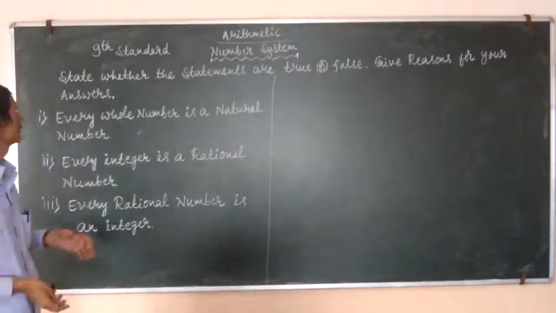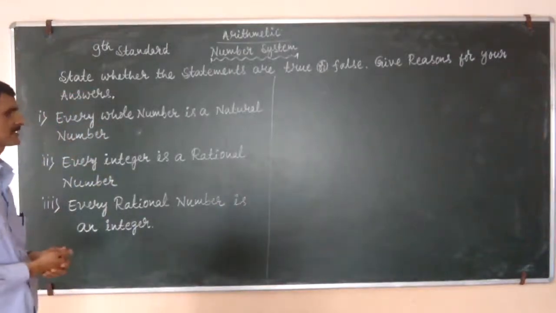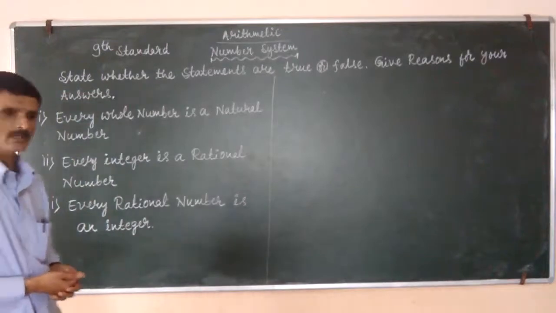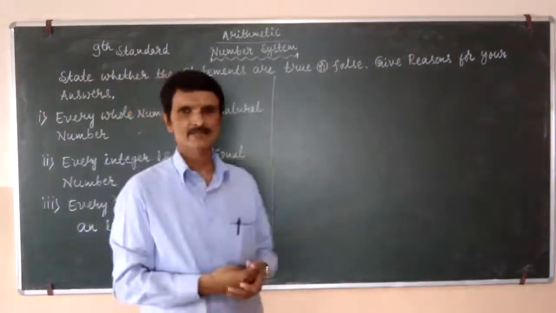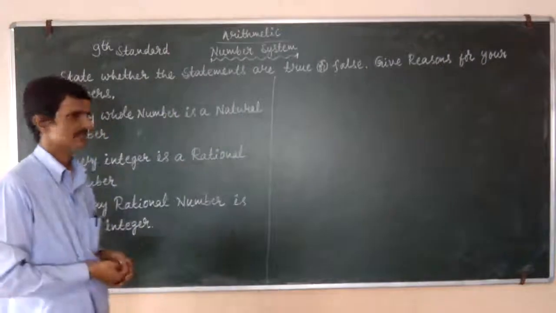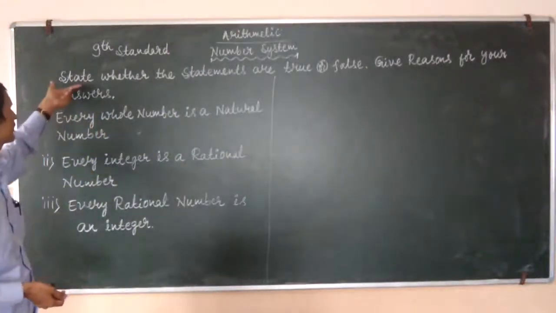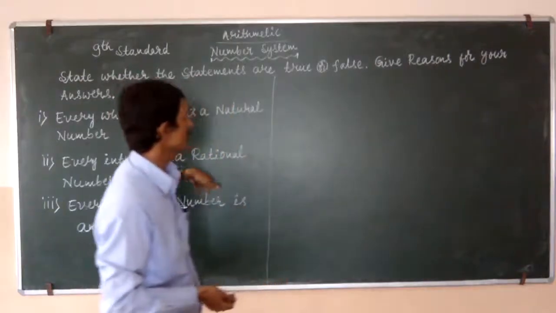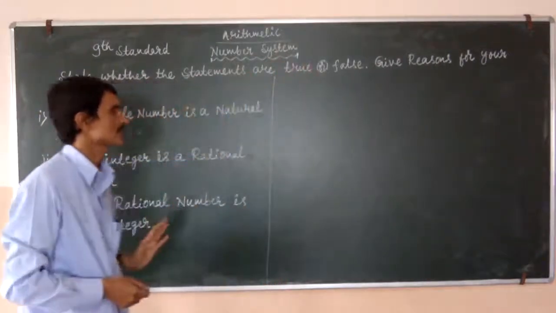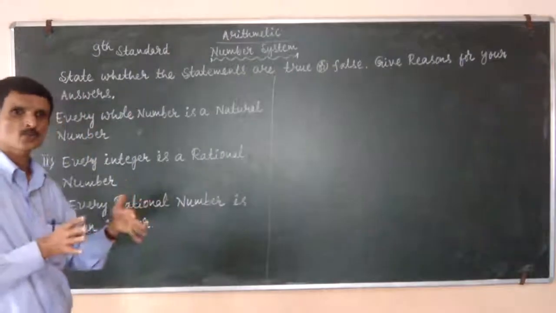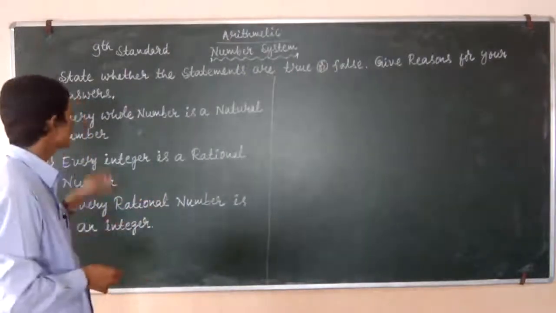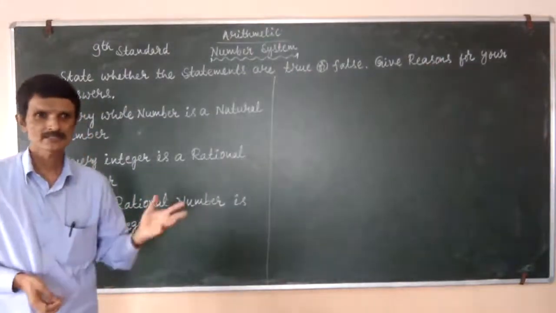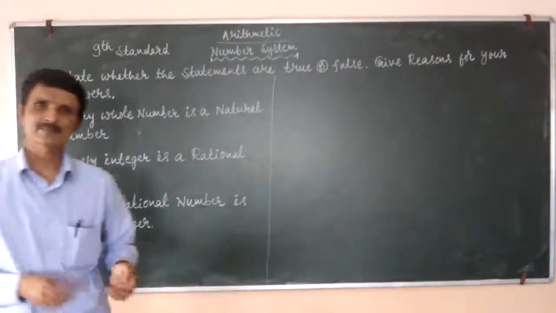Students, in these simple problems, according to the basics of the number system chapter, we have to state whether the statements given below are true or false. Whether they are true or false, we have to give the reasons for each of the statements.